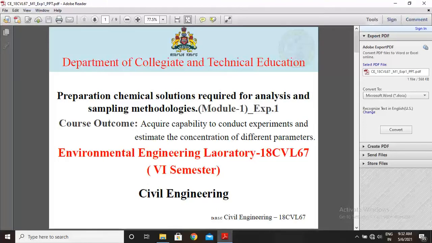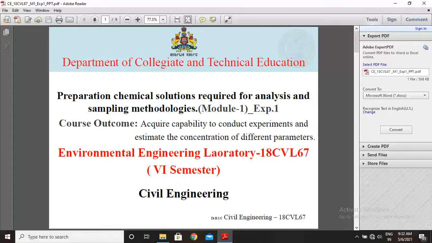Today I want to explain Experiment 1 of Environmental Engineering Laboratory. Title of the experiment is Preparation of Chemical Solutions Required for Analysis and Sampling Methodologies, Module 1, Experiment 1.